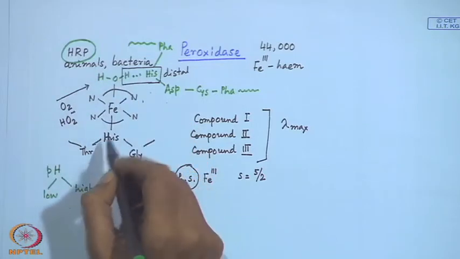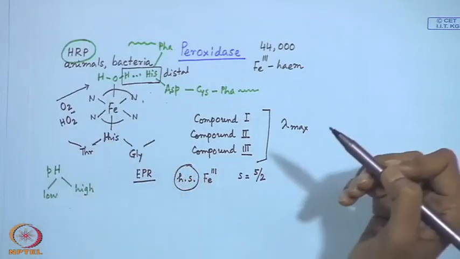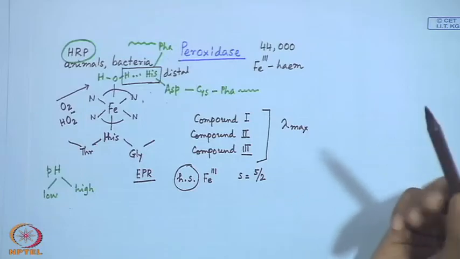Your histidine site is protonated. And in most cases, like your catalase site, when you have the phenol coordination, that phenol can either be unprotonated or protonated depending upon the pH of the medium.